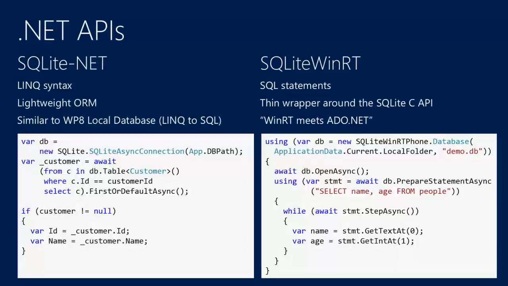In the SQLite C, C++ API, to execute a statement, perhaps weirdly, they call the step method. So statement.step is how you actually execute a statement. In our API, it's called step async. So it's very close, just a thin wrapper around it. This is why I said sometimes you might want to refer to the C, C++ API documentation to get some insight into some of the APIs in this new wrapper.